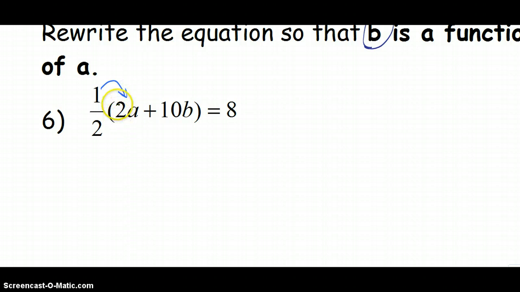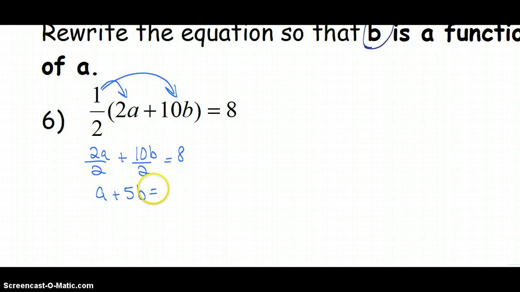So if I distribute 1/2 times 2a, that's going to give me 2a over 2. 1/2 times 10b, so plus 10b over 2, is all equal to 8. I'm going to simplify, so I'm going to have a plus 5b is equal to 8.